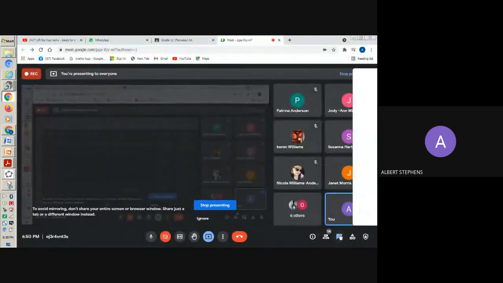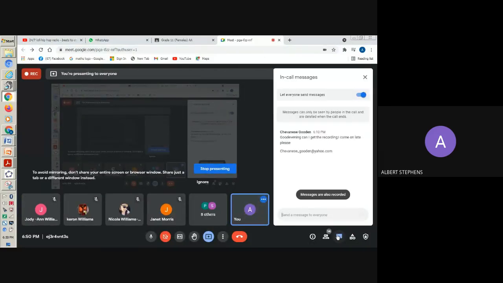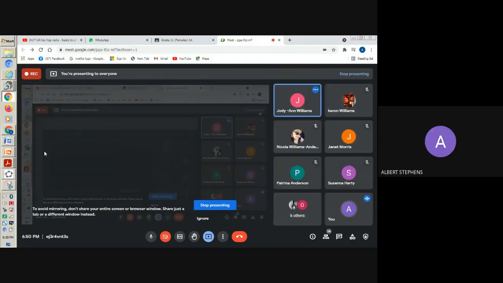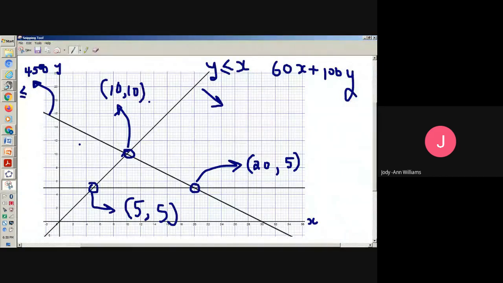Sir, the profit, if the guitar and violin would be 60 and 100, we would be working with that to get a profit from that?